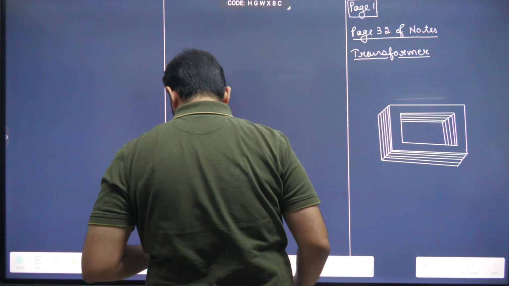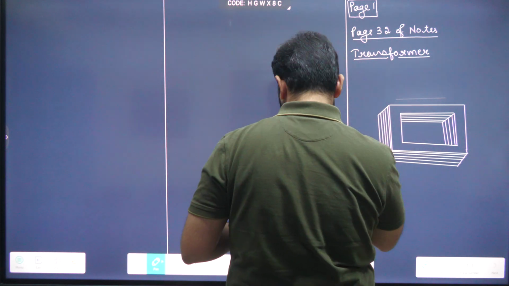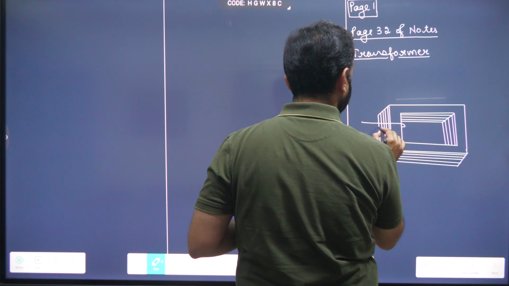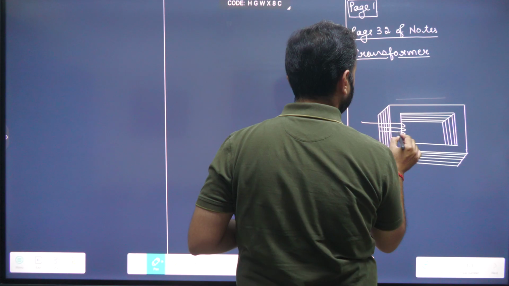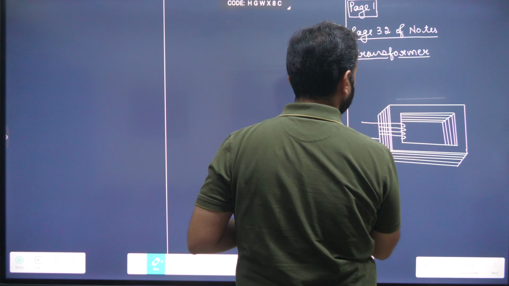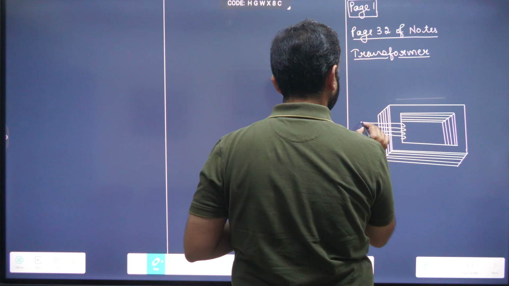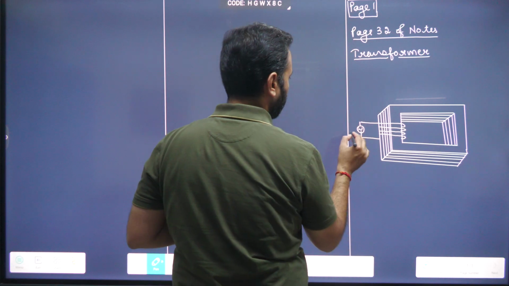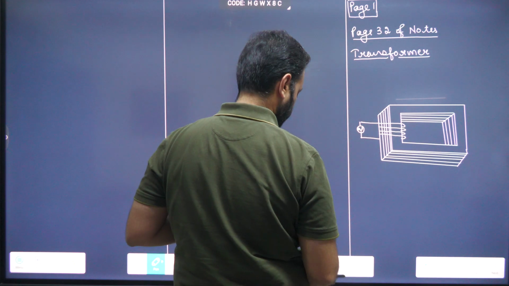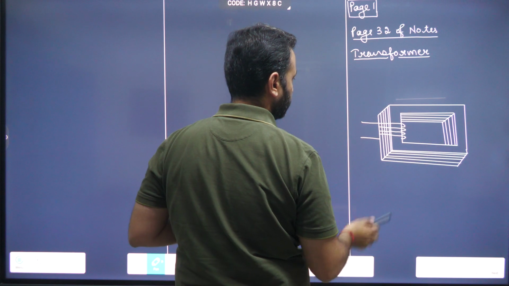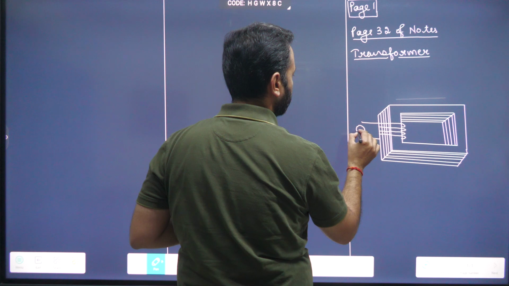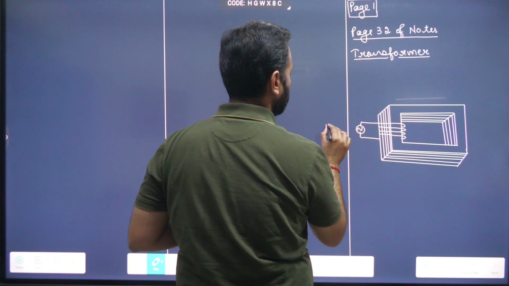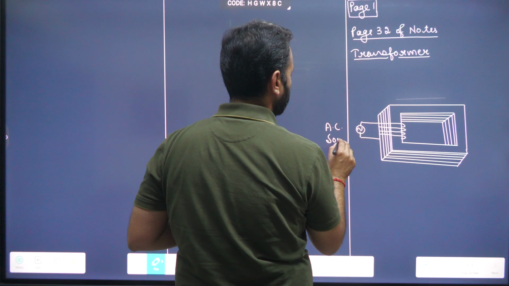So we have here, like this. This is the symbol of an AC source, AC voltage, AC source.